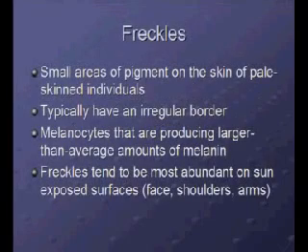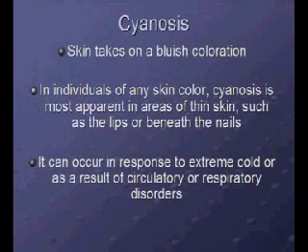Cyanosis, let me just go back to cyanosis just for a minute. Cyanosis is very important for you to be able to identify in a clinical setting. Individuals that are having problems with oxygenation or getting adequate amount of oxygen to the tissue areas will develop cyanosis.